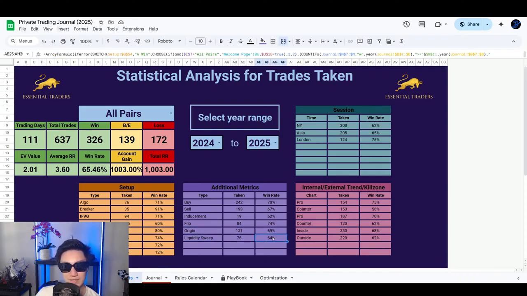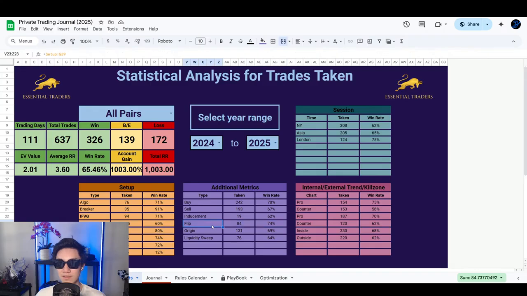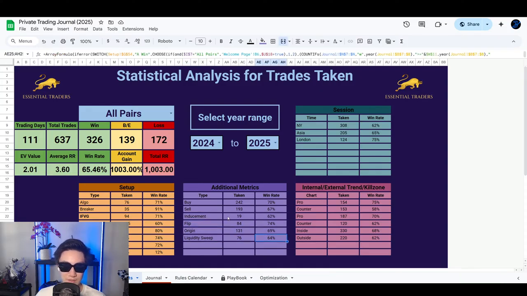And you're missing out on the 64% win rate of liquidity sweep metrics. And because I'm trading a positive risk reward system, overall you're missing out on net risk reward returns. You're sacrificing better stats for less net returns in terms of risk reward. So to me, it's not worth it. To me, it's still better to trade all these, right? Because with the 19 trades with the 62% win rate at a 3.6 average, I'm still making money here.